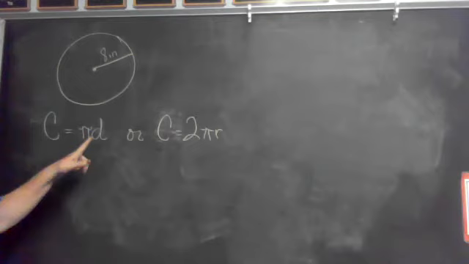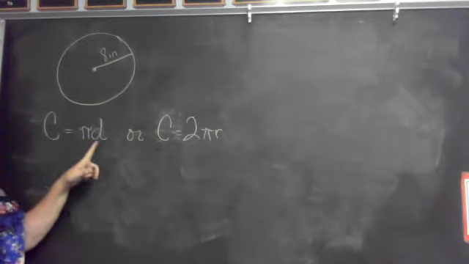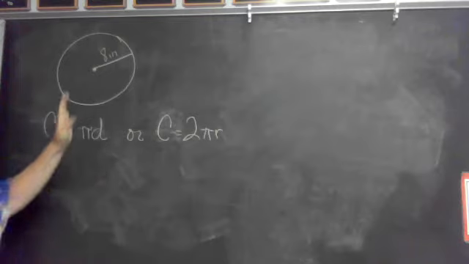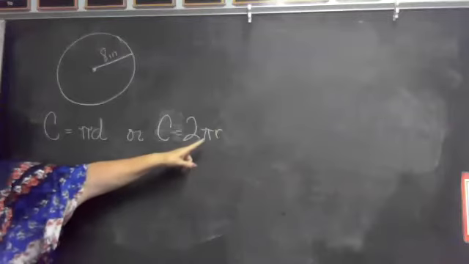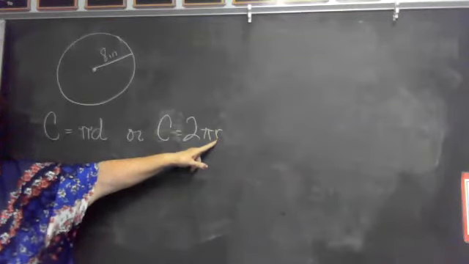The d stands for diameter of the circle. Pi times d, d is the diameter. Or if your picture shows a radius, they gave you one here. You can use the radius here. And you do see that a lot.